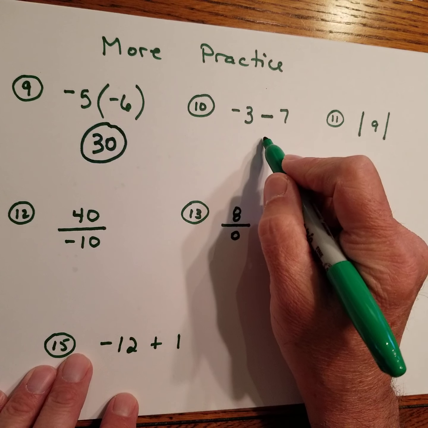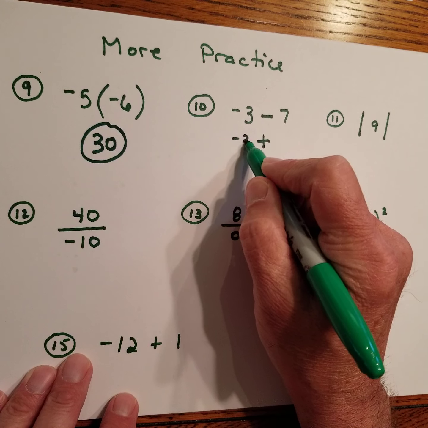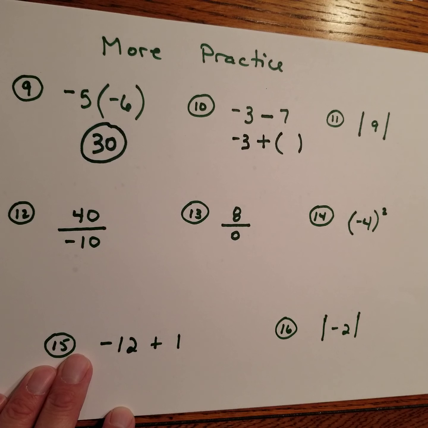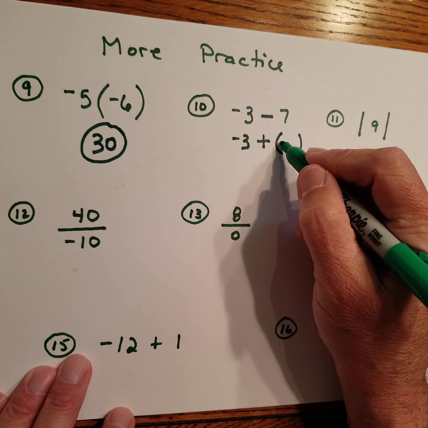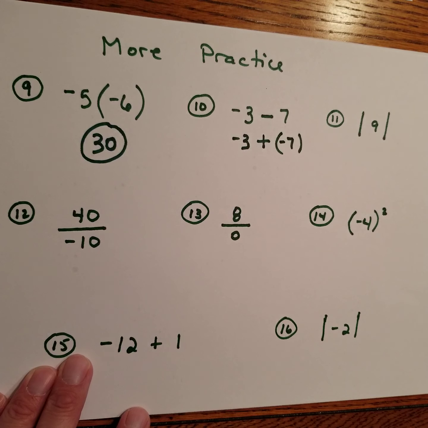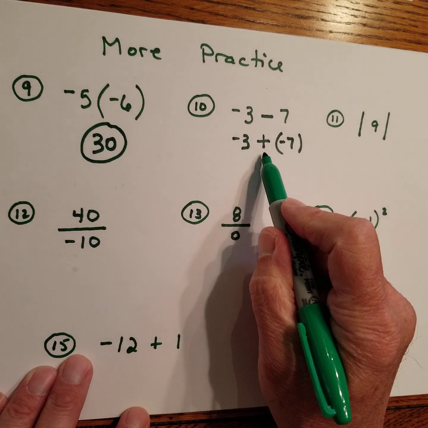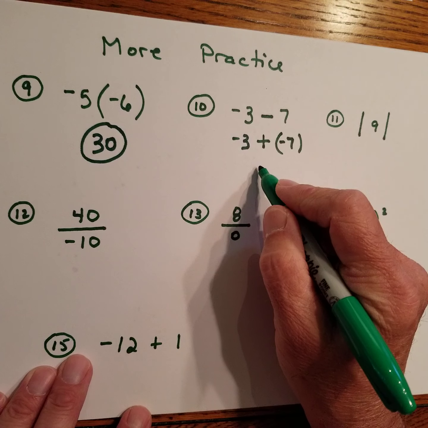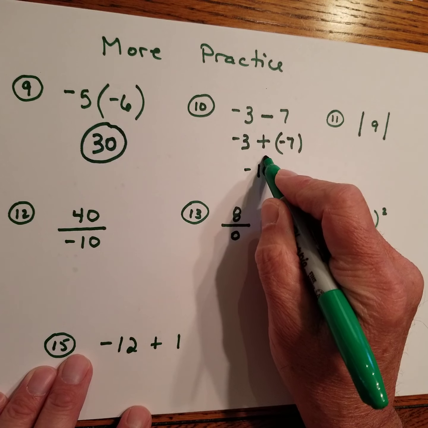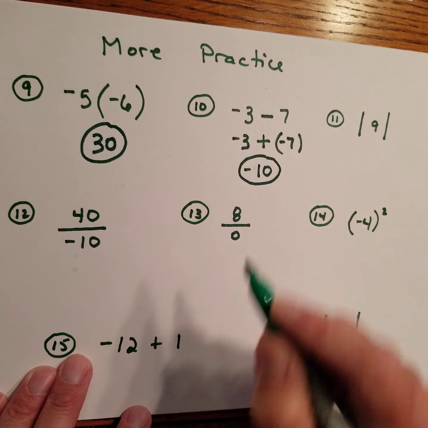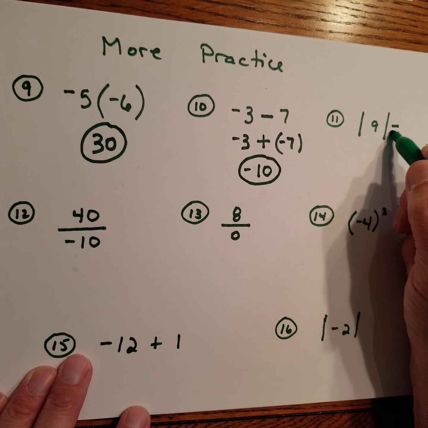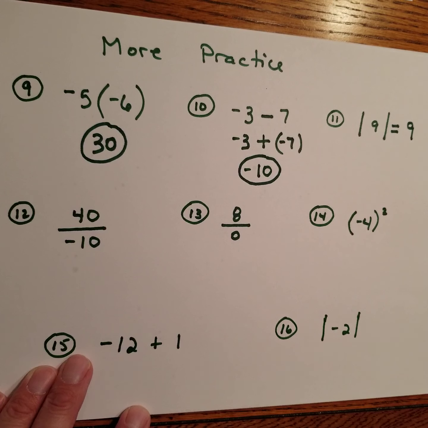When we subtract, we add the first number to the opposite of the second number. The opposite of +7 is -7. Now I'm adding, and when I add and the signs are the same, I add and I keep the sign. Absolute value makes every number positive.